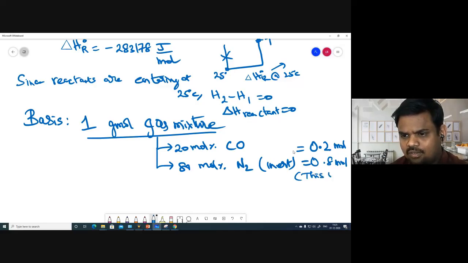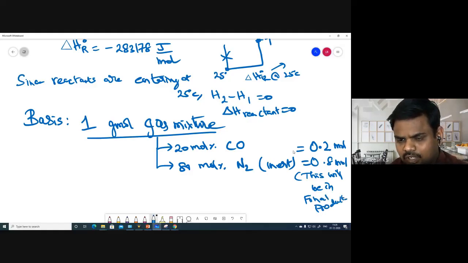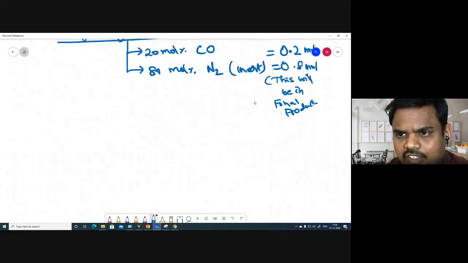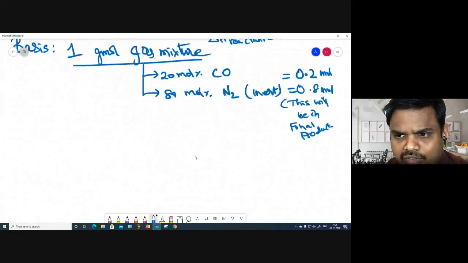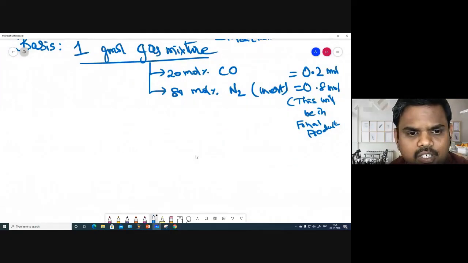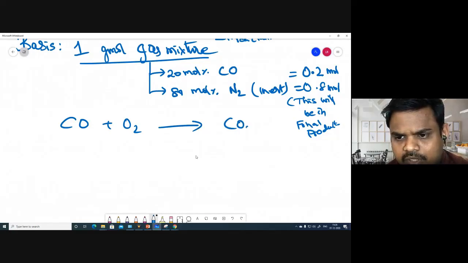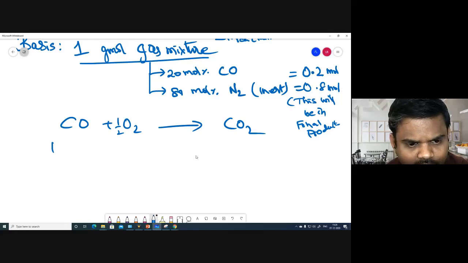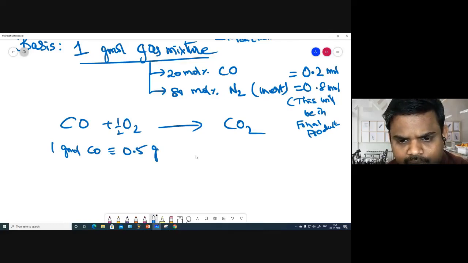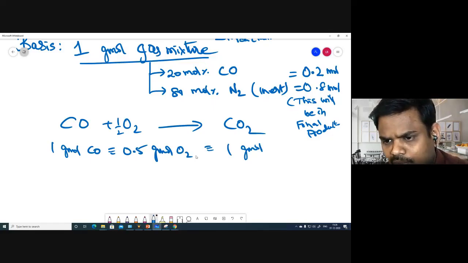so this will be in the final product, right? Can we write the theoretical oxygen demand for this 0.2 moles of carbon monoxide taking part in the reaction? What is the reaction? Carbon monoxide, if burnt, forms CO2. If we balance it, for every 1 gram mole of CO, there is a 0.5 gram mole oxygen requirement to form 1 gram mole of CO2.